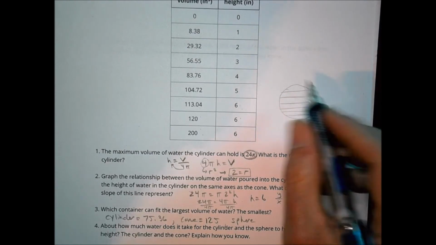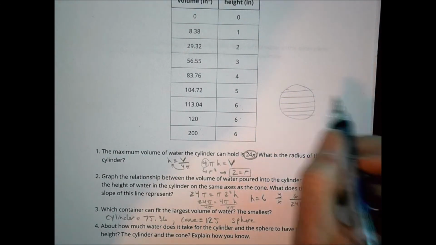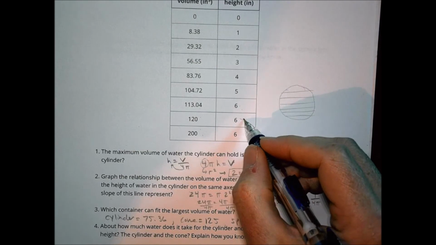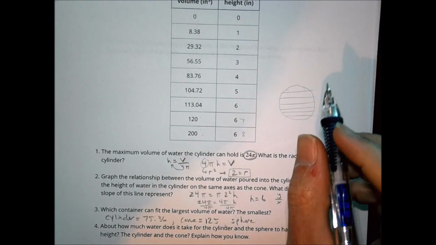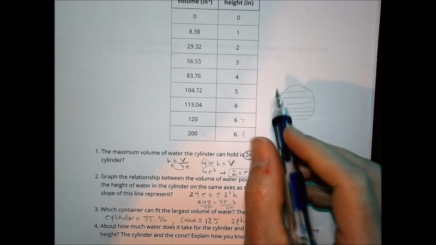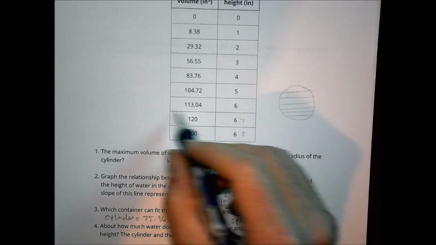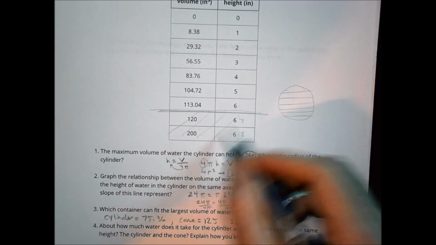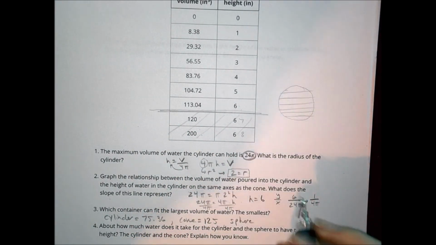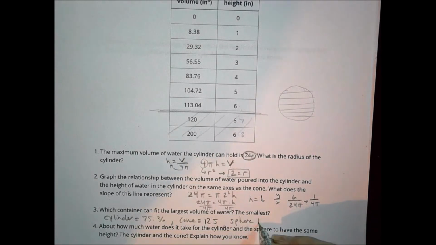And so I'm going to run out of room to fill this thing up. So I'm not sure if that was supposed to be a 7 and an 8. I'm not really sure what they're looking for. So what I'm thinking is that it only goes to 6, and that would be if it continued, but perhaps it can't continue. I'm not really positive on that one. So I'm going to say the sphere is actually going to be 113 is where it stops. After that, more water is going in, but it's just not filling up.